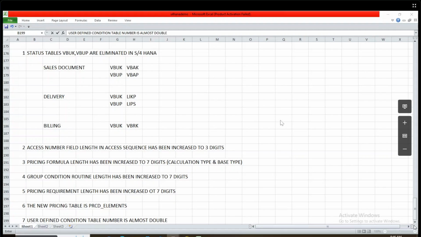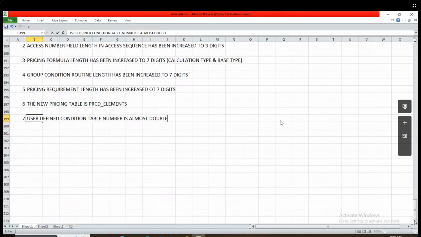Okay. So user defined condition table number is almost double.